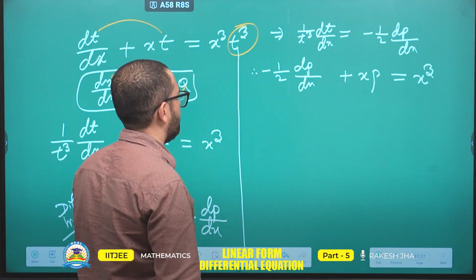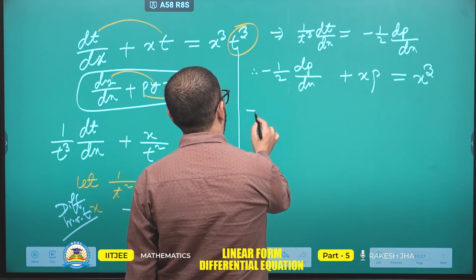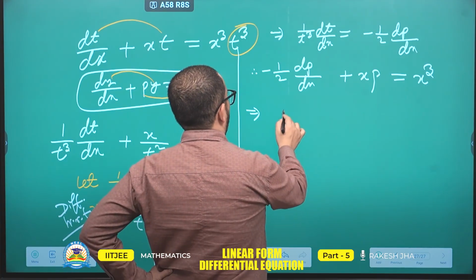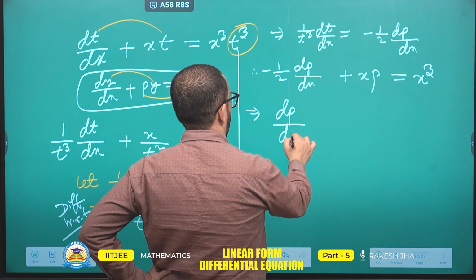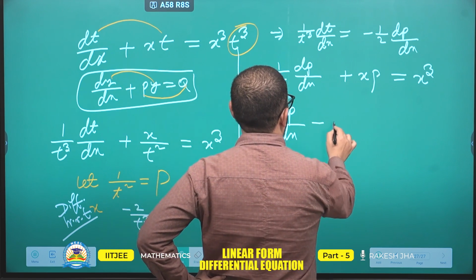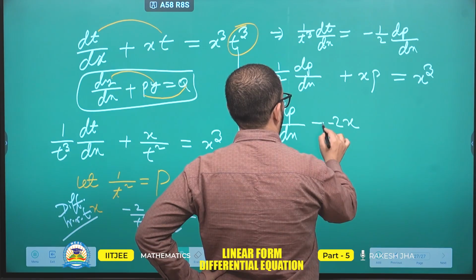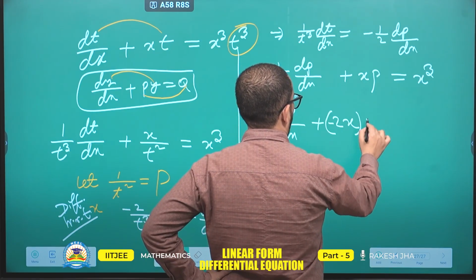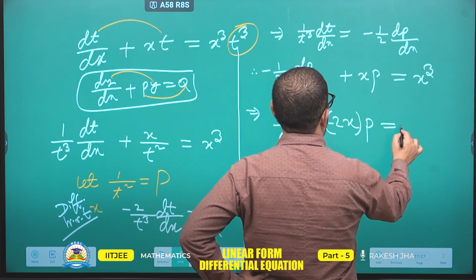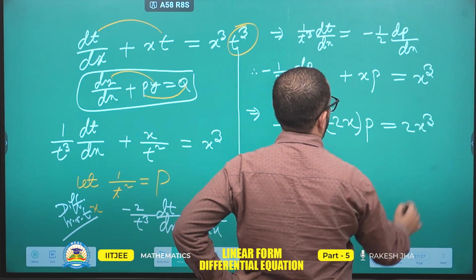Now we change the sign here. So what will happen? dp by dx then minus 2x p is equal to 2x cube.